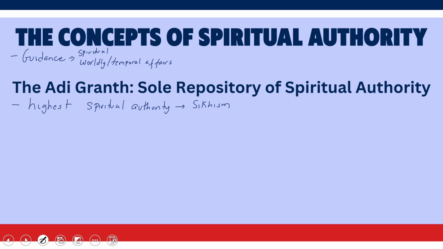Now the Adi Granth, by whom was it compiled? Guru Gobind Singh said that after him, this would be the eternal Guru or the spiritual guide. But we see that right before him, somebody had already compiled the Adi Granth, which then becomes the Guru Granth Sahib, right? So we have Guru Arjan, the fifth Guru.